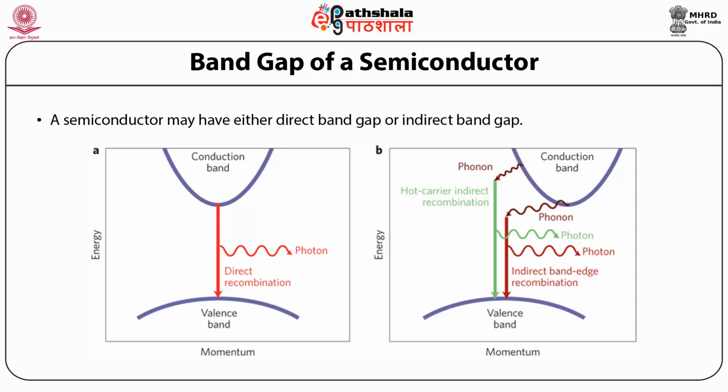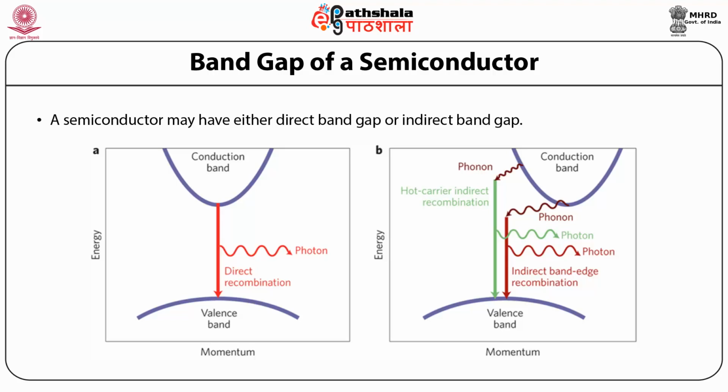This is possible, but it requires such an electron to interact not only with the photon to gain energy, but also with a lattice vibration called a phonon in order to either gain or lose momentum.